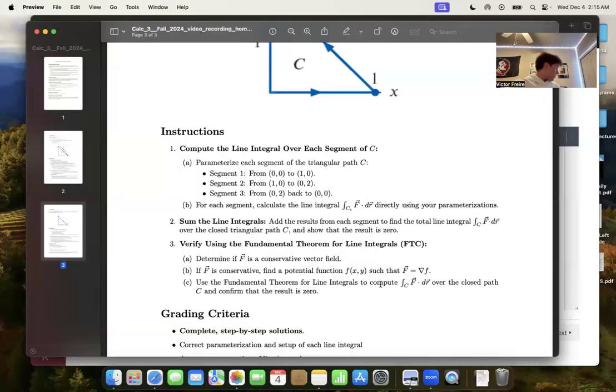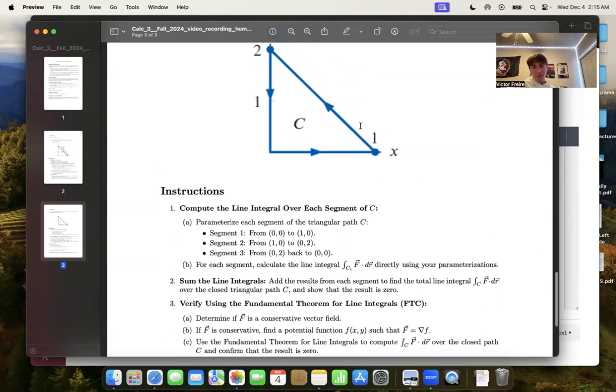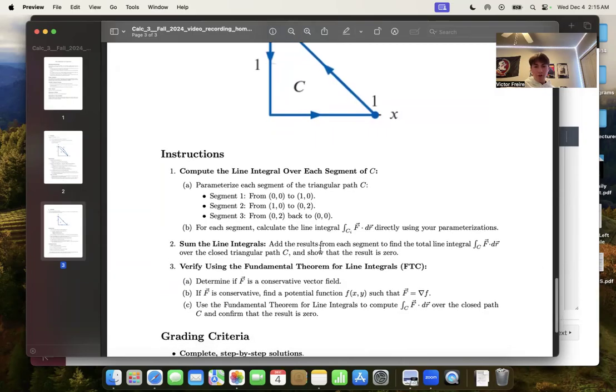So now we want to sum the three line integrals to find the total line integral along the curve C, along this triangular path here, and we want to show that the result is 0.